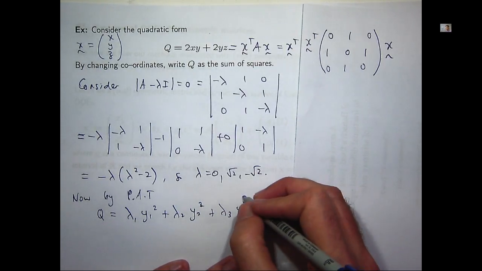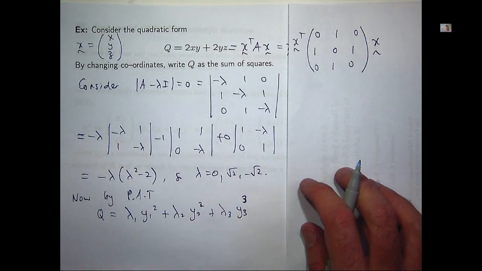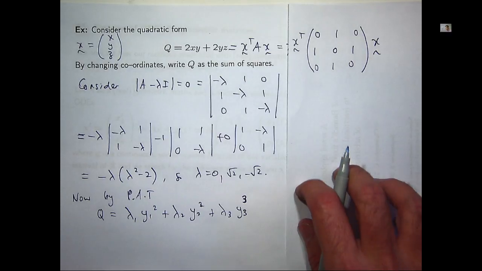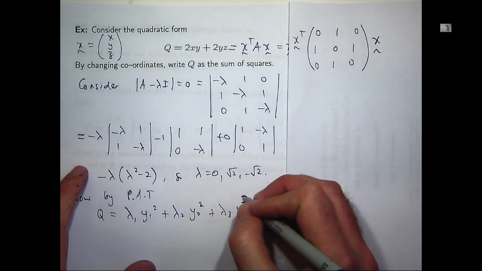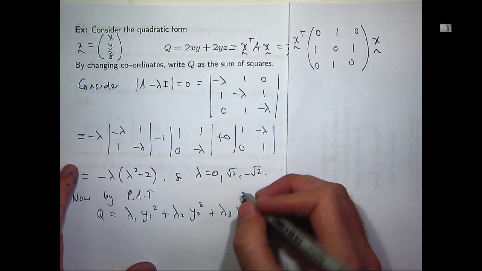So you've got a new set of variables, y1, y2, y3, and we can write Q as the sum of these squares. Squared. Sorry, not cubed. Is that what you were going to say? Yep.